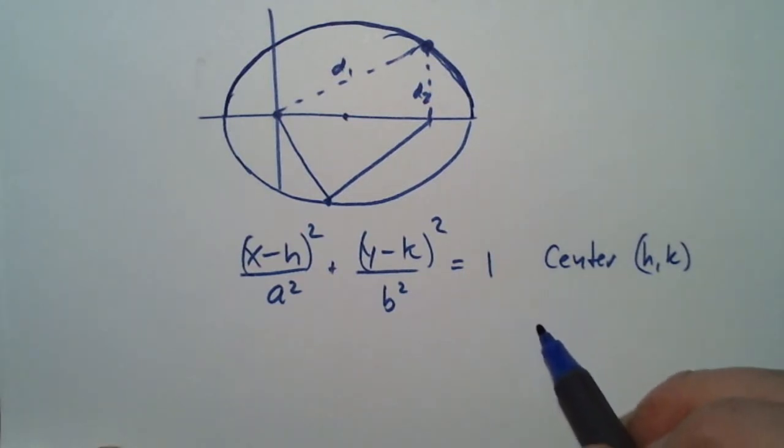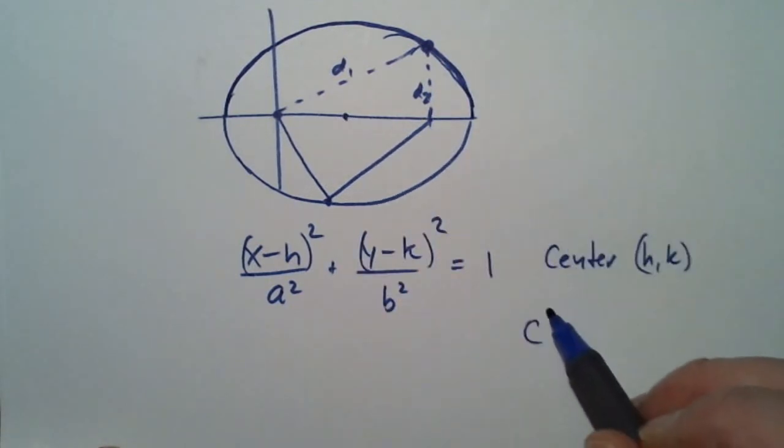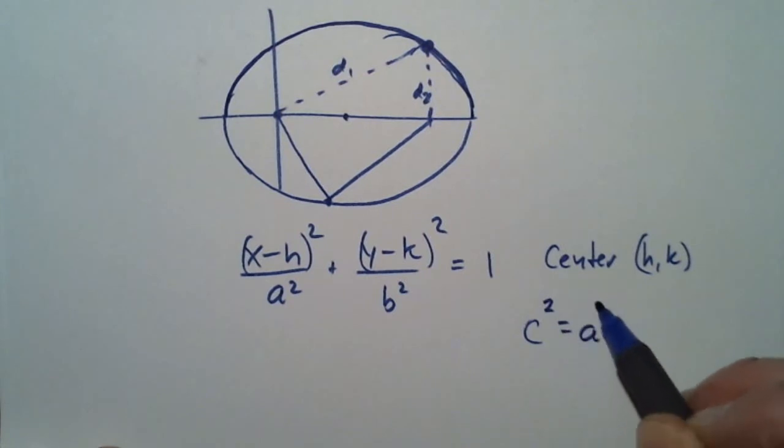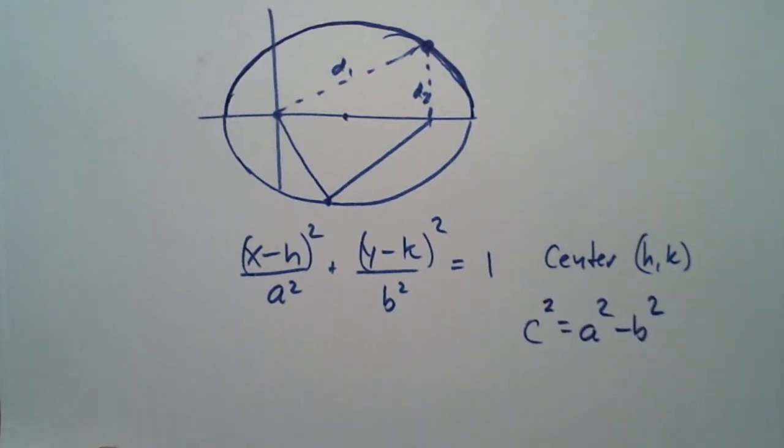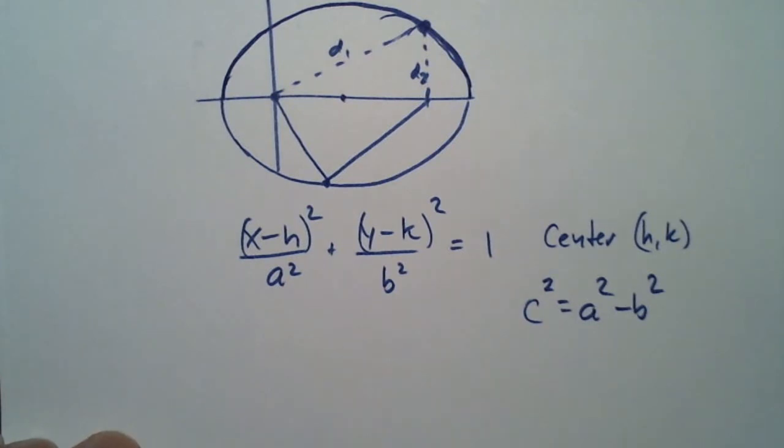The distance to the focus, c, satisfies c squared equals a squared minus b squared, where a and b come from the denominators.